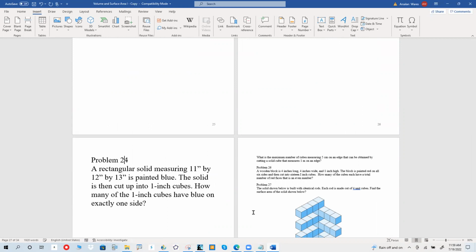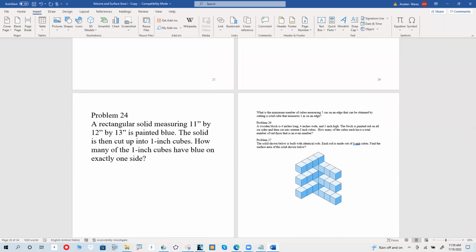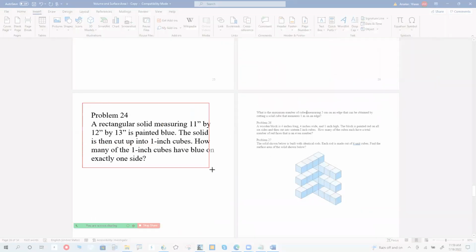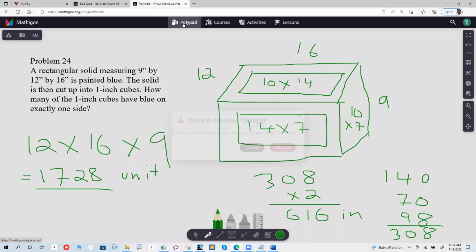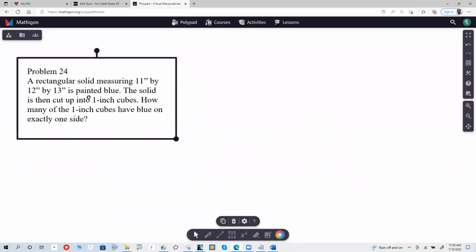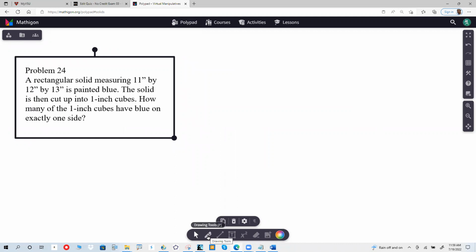So it's basically a big block of wood. Let's make a nice box. 11 by 12 by 13.